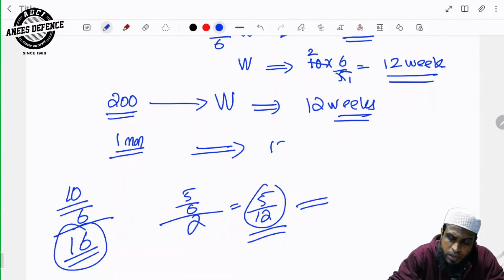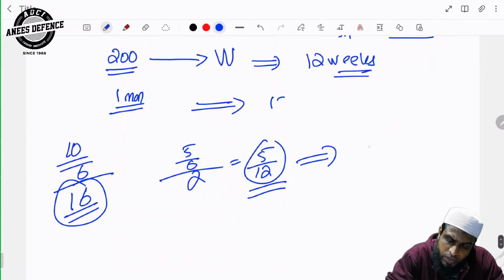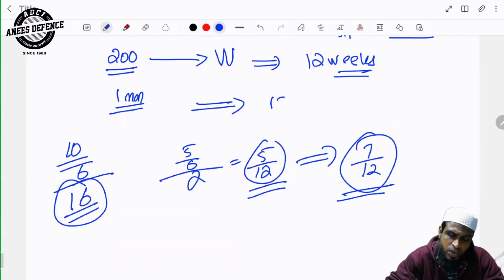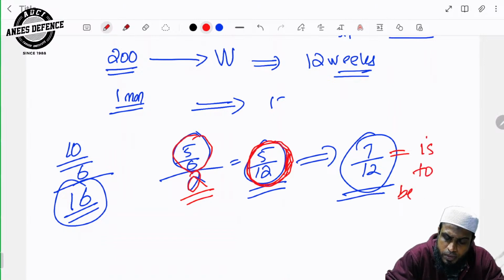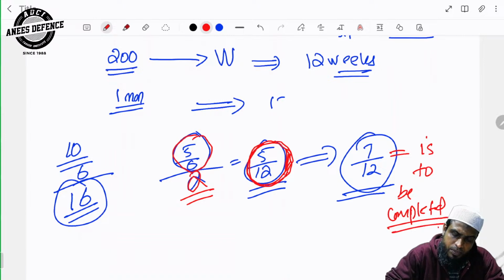So remaining how much? 7/12 of the work is to be completed, because already 5/6 of the work was completed, but due to flood, half of it was wasted. That is, only 5/12 is completed. So remaining 7/12 is to be completed.